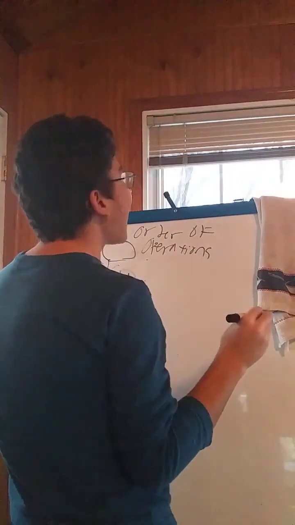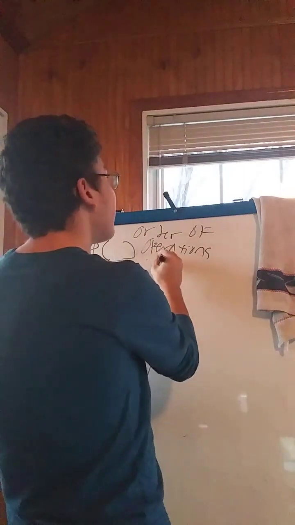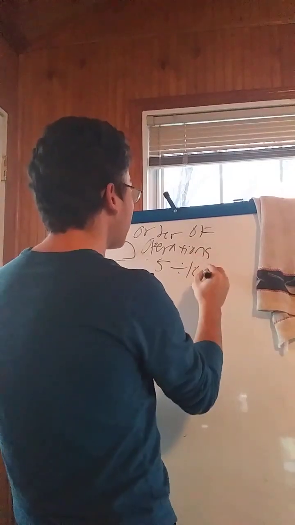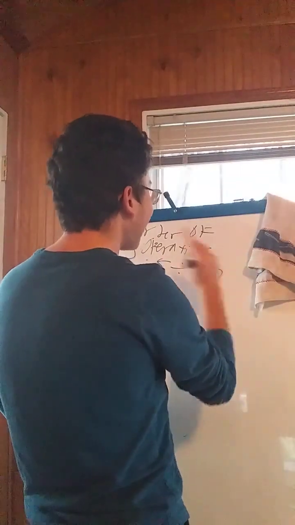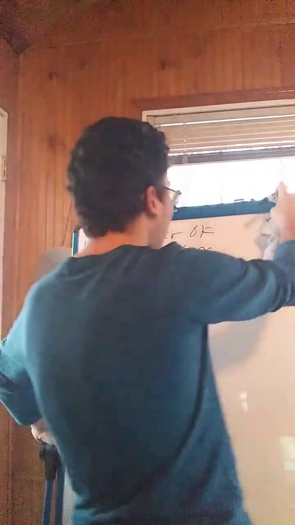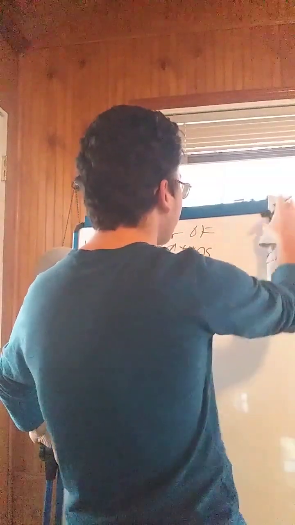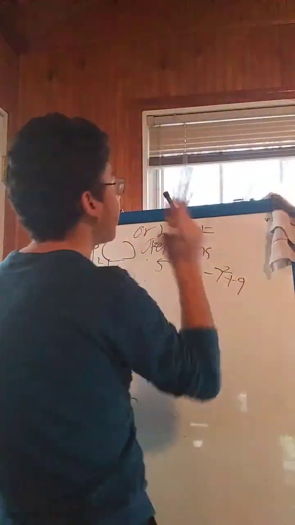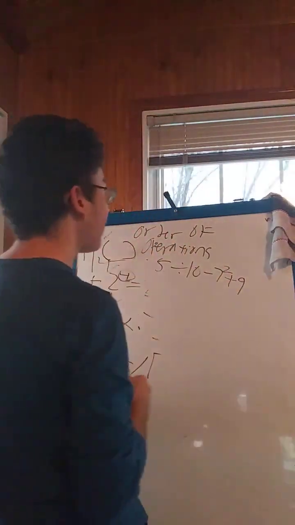So, we have 5 divided by 10 minus 7 to the second power, so the little 2 up there, and then plus 9, and that's basically all.